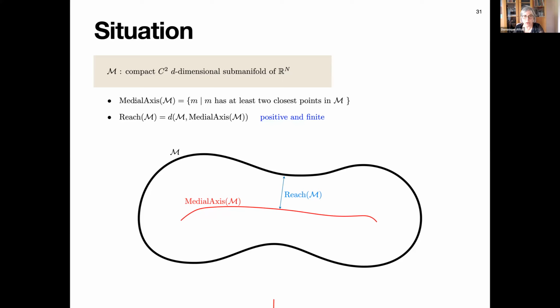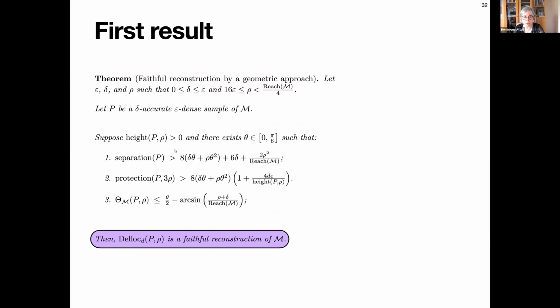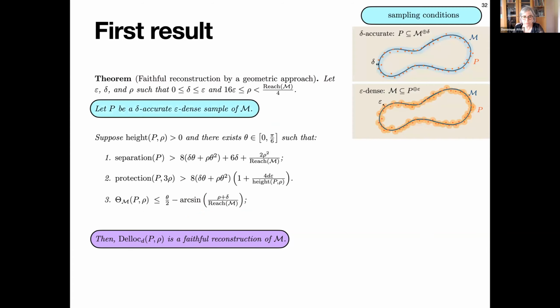Our first result states conditions under which the Delloc complex is a faithful reconstruction of M. First, we have sampling conditions. They depend upon two parameters, epsilon and delta.